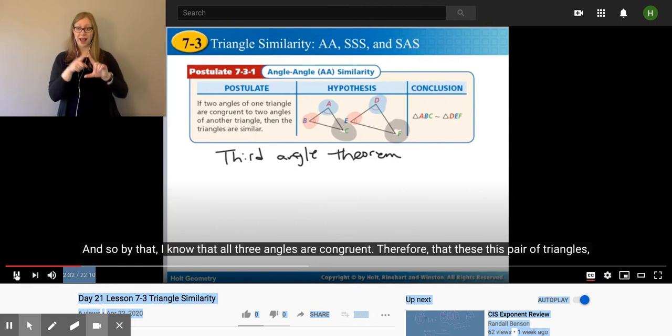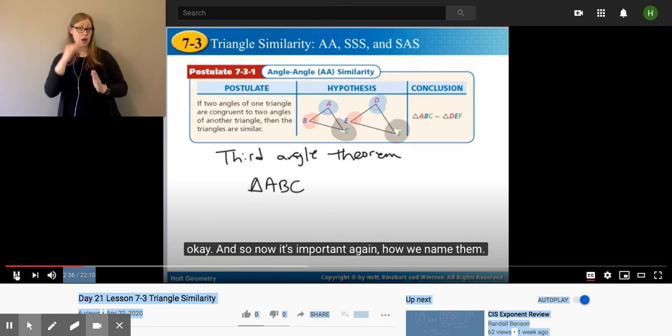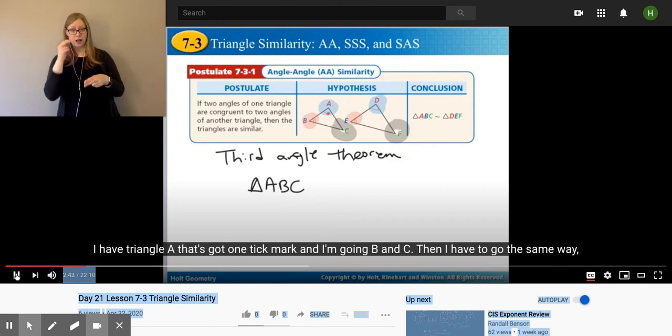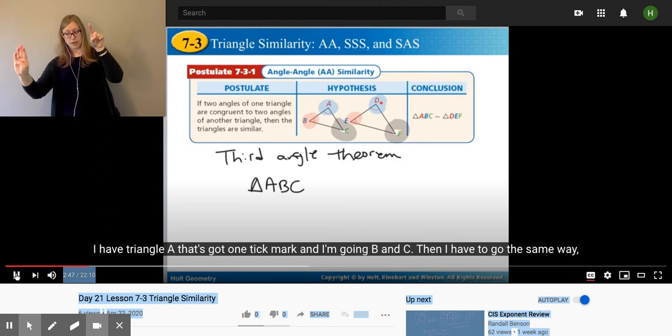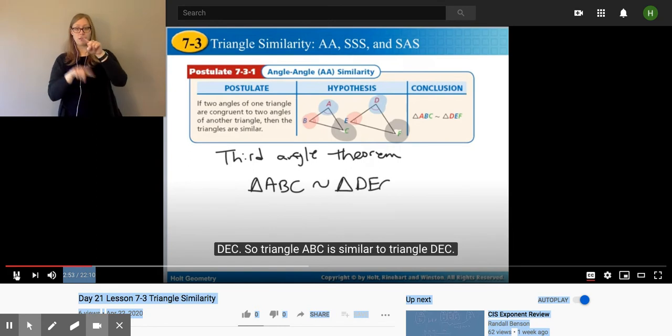Therefore, this pair of triangles, triangle ABC, okay, and so now it's important again how we name them. So if I look at this, I have triangle A that's got one tick mark, and I'm going B and C, then I have to go the same way, D, E, F. So triangle ABC is similar to triangle DEF.